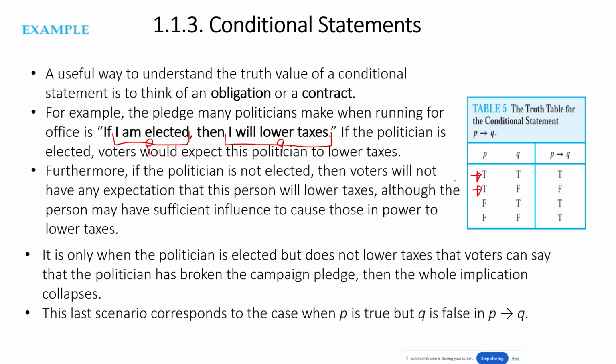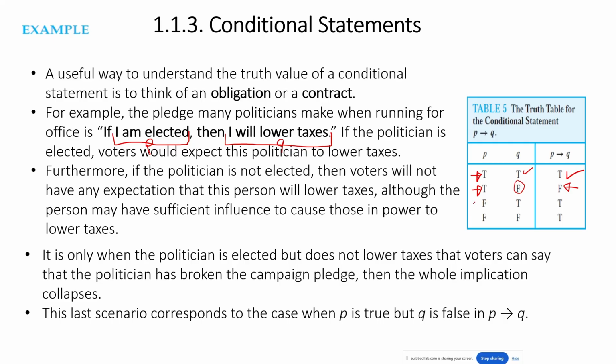Lowering the taxes means Q is true. So that means this is going to be the statement that is correct. But what if he does not lower the taxes? He said that if I'm elected, I'm going to lower the taxes. But at this point, he did not lower the taxes, because we're in this position. That means the result is going to be F.